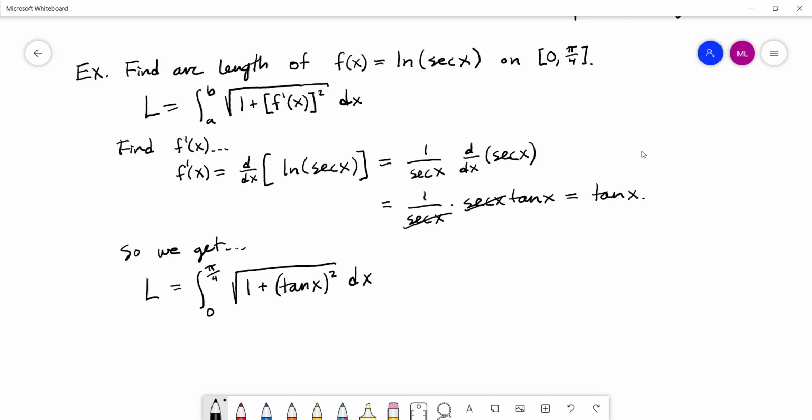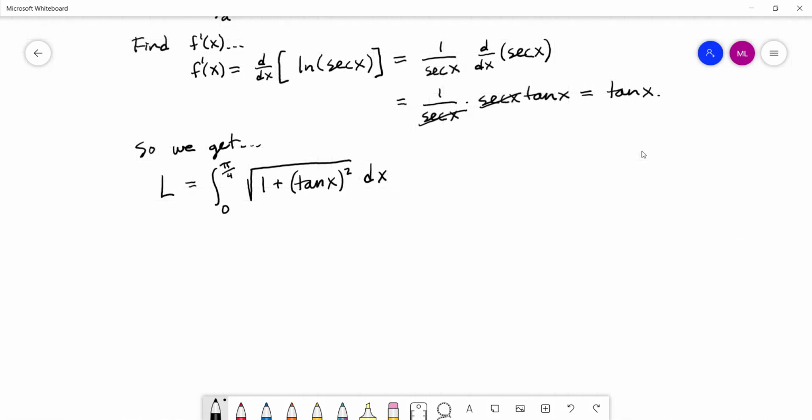Okay, so this is looking ugly still, but luckily this piece right here, 1 plus tangent squared of x, can be replaced with secant squared of x. This is our Pythagorean identity from trigonometry. It comes from the idea that sine squared x plus cosine squared of x equals 1.